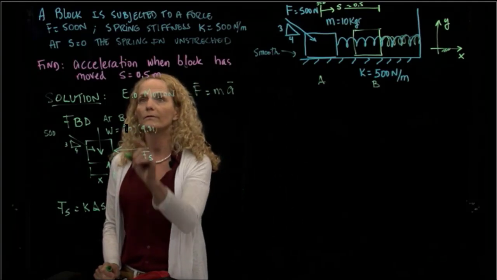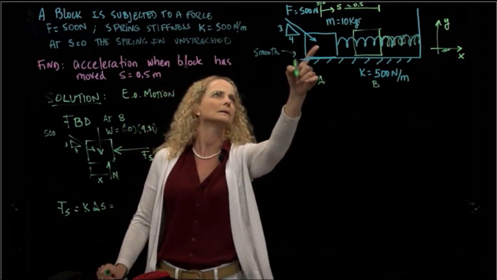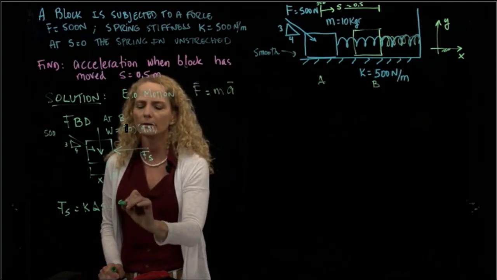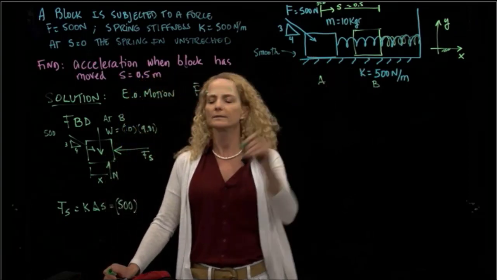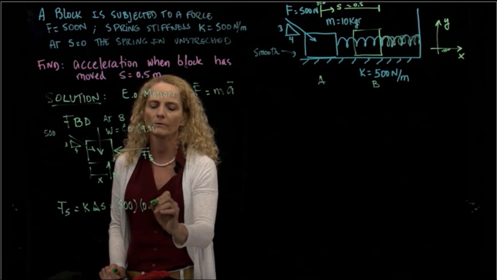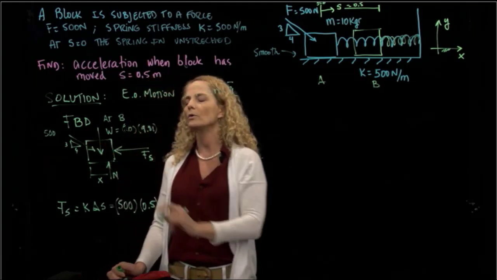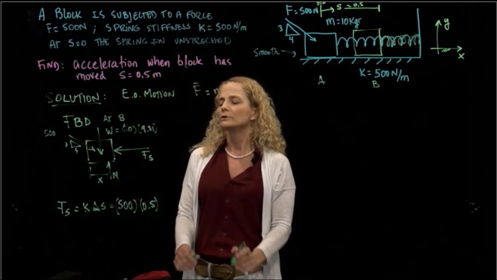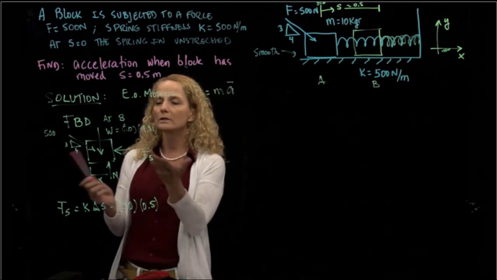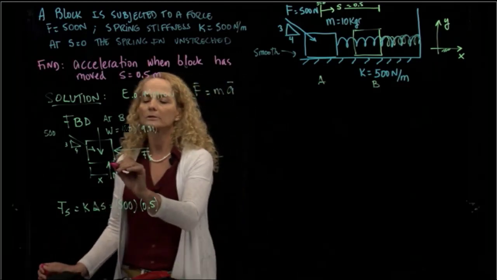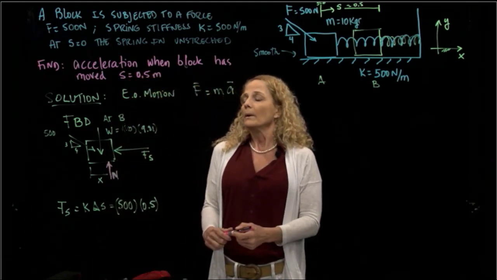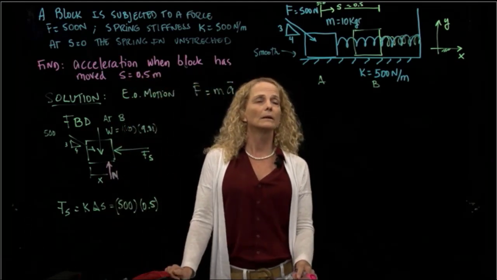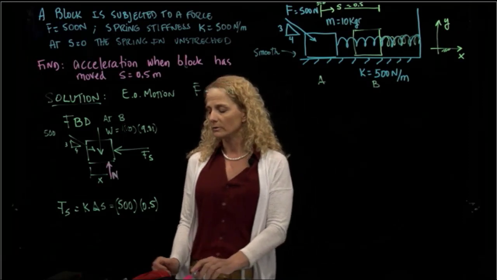So K is equal to 500, and what I compressed the spring is 0.5. So I know that force as well. If we want to put the unknowns in my free body diagram, actually I have only the normal force as an unknown, but the body doesn't move in that direction.